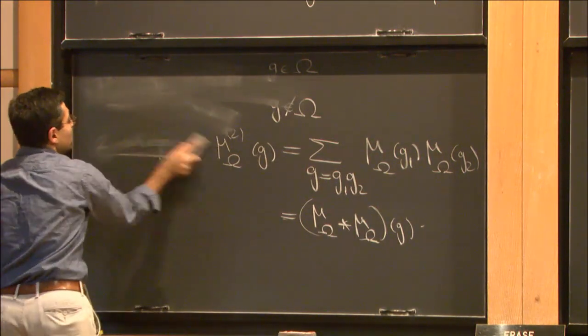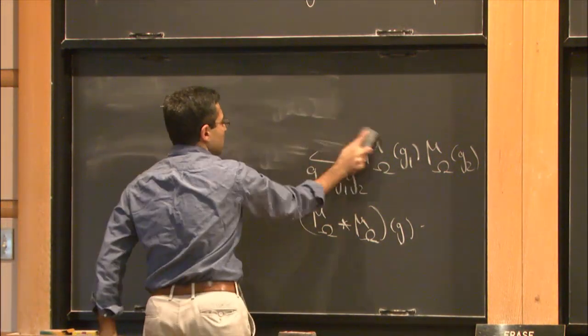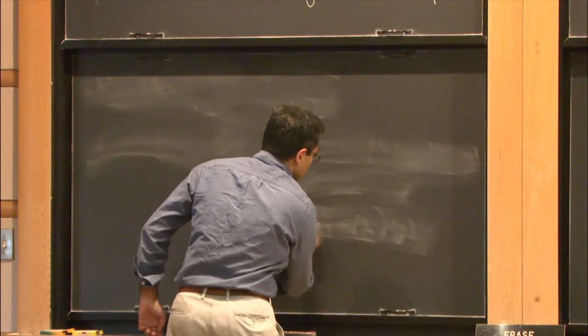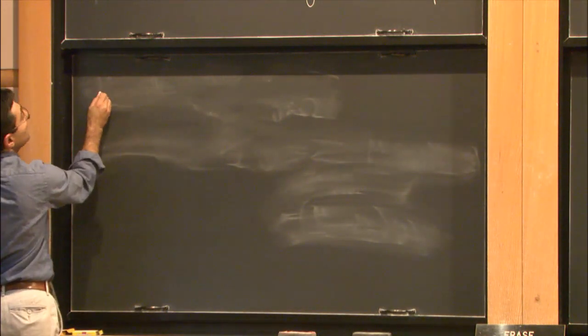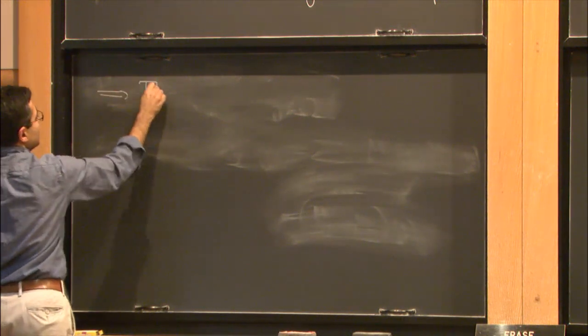Again, if you don't know what that means, SL_n(Z) you can think of. Then gamma has T.